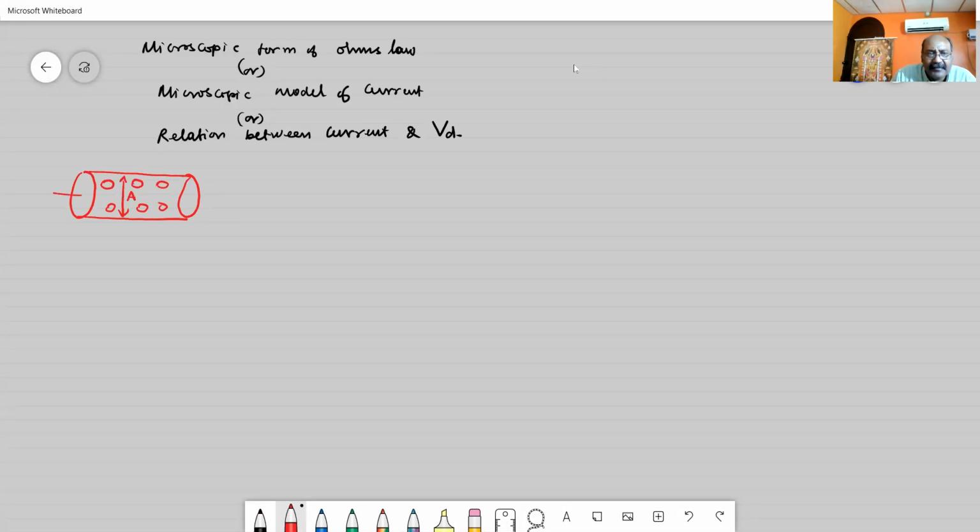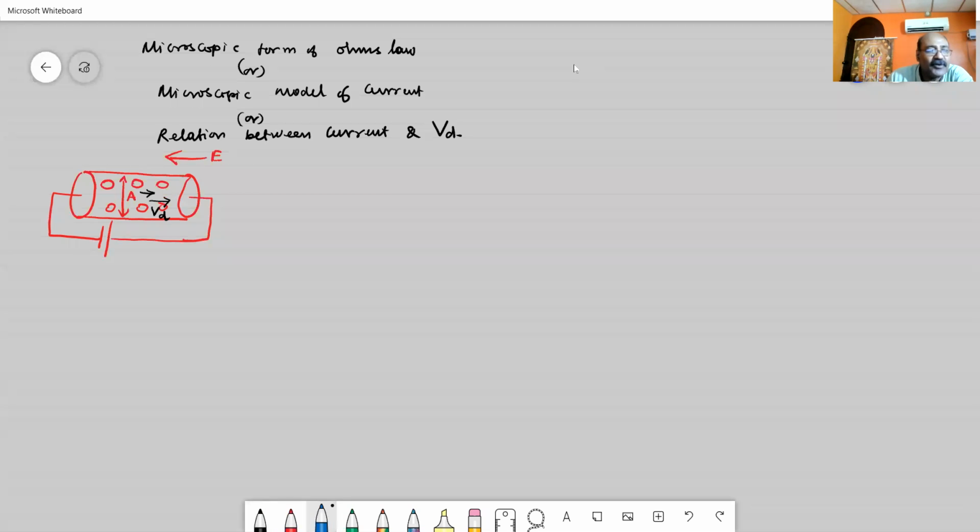By applying an external voltage or external potential difference by connecting a battery, we can set up or create an electric field E from right to left, so that the electrons are moving from left to right with a drift velocity V suffix D.